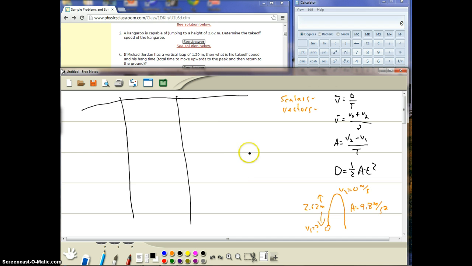Okay, so the first thing we're going to do is write down the information from our problem. The first thing that I like to do is write down what it's asking me for. I know it's asking me for an initial velocity. It's giving me a distance of 2.62 meters. That's always good. Like I said, over here we've got some more information. We know a final velocity is 0 meters per second.